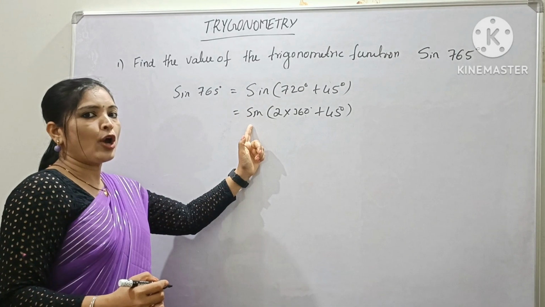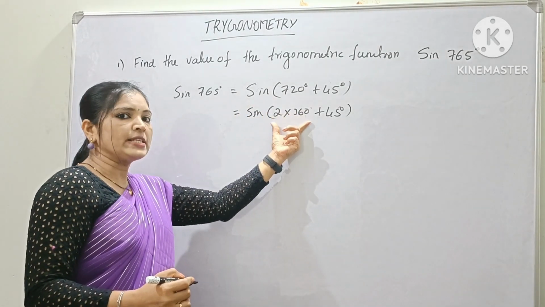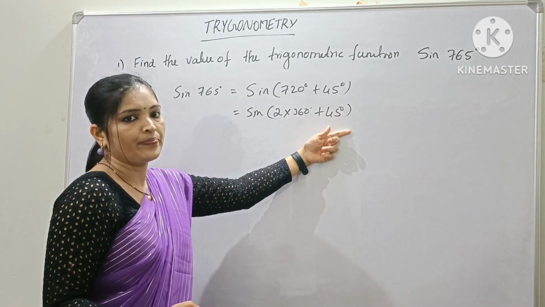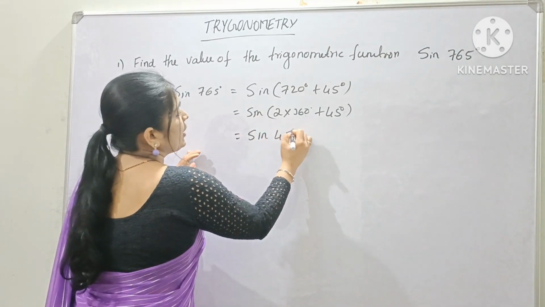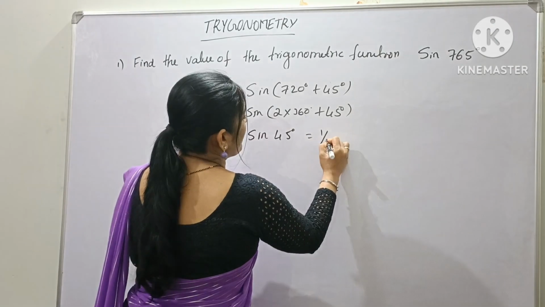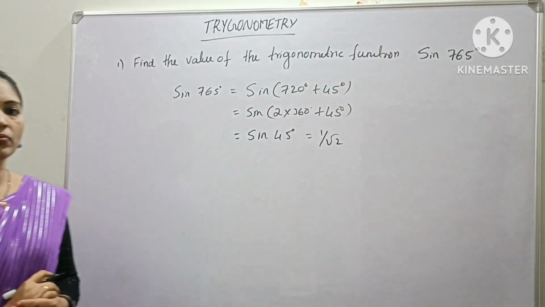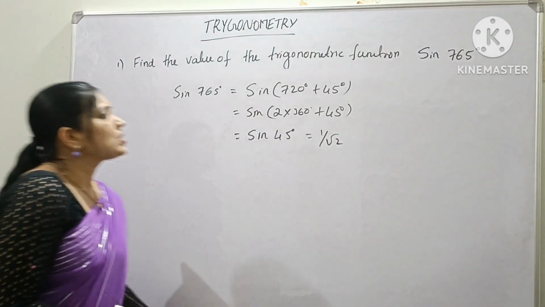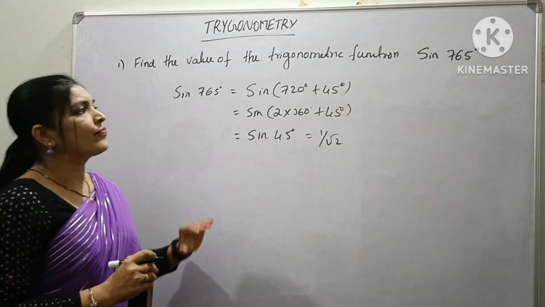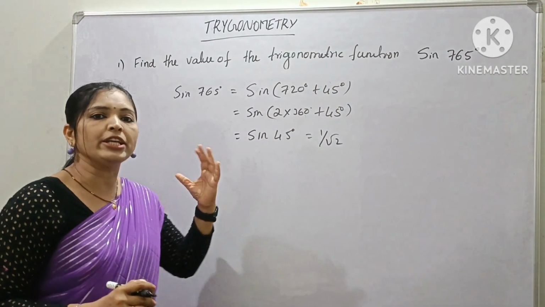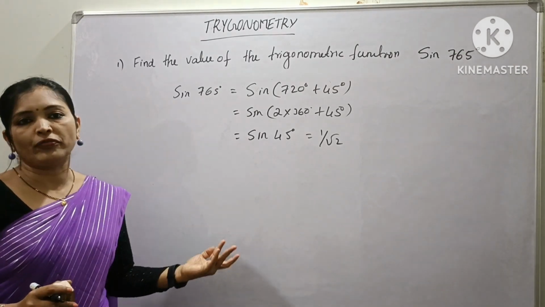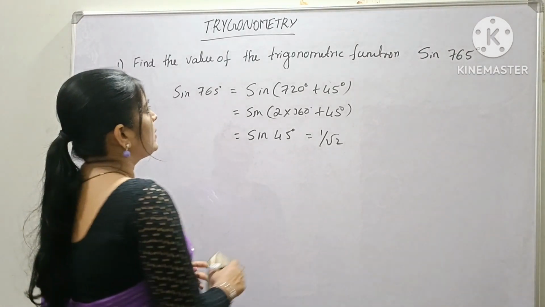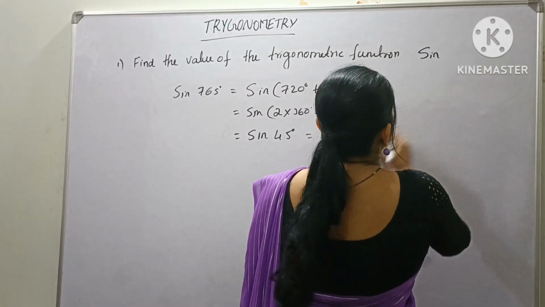That is sine of multiple of 360 degree plus 45, that is nothing but sine 45 degree, that is 1 by root 2. So remember, the value of sin x repeats after an interval of 2 pi or 360 degree or multiple of 360 degree. So next question.